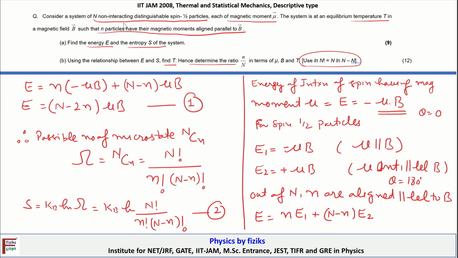In principle, this can be expanded by making use of the Stirling approximation, and if we do that, the entropy is given by S equal to k_B, now ln N factorial is equal to N ln N minus N.